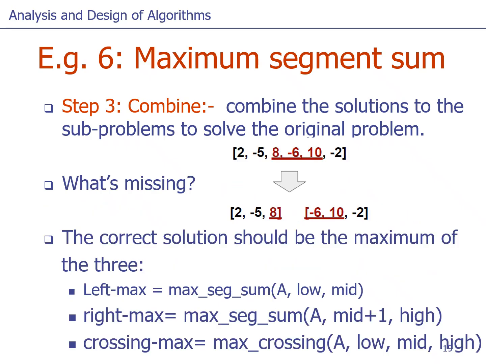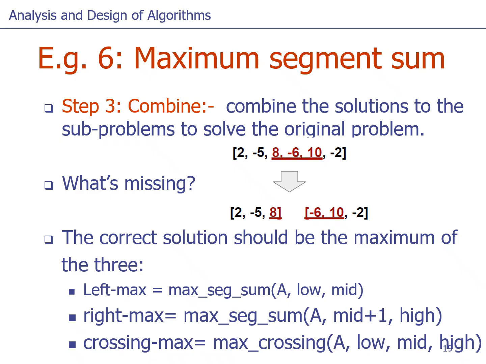Okay, and so in the combine, we are going to actually do 3 calculations. We are going to grab the maximum sum from the left subarray and the maximum sum from the right subarray, and also calculate what's called the max crossing, or the crossing max, which is the maximum sum we can obtain from the segment that exists in these 2 subarrays.